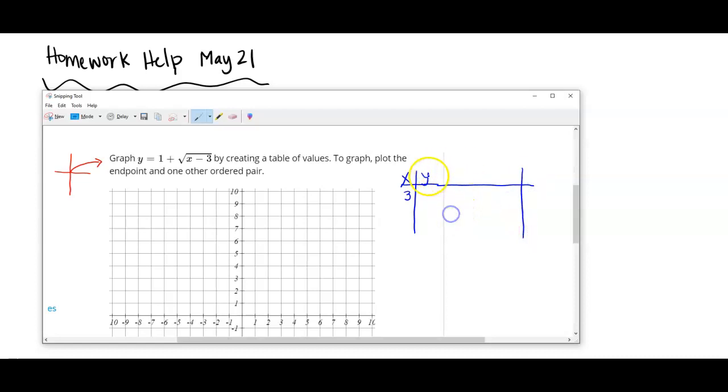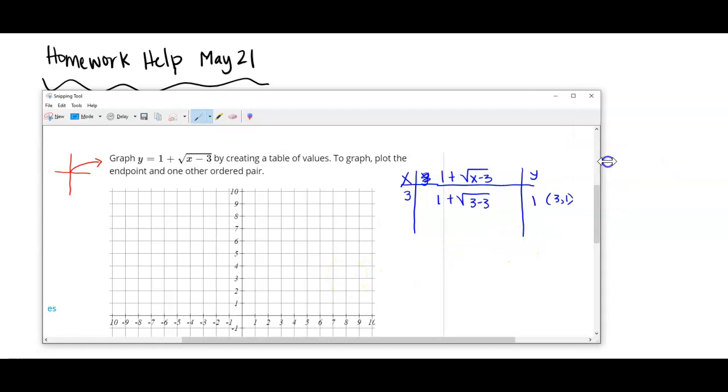I'm putting 3 in there, and I'm putting it into all of this. So I'm doing 1 plus the square root of 3 minus 3. That part gives me 0, and 1 plus 0 is 1. So I found one of my points is 3 comma 1. That's what I'm doing on this.